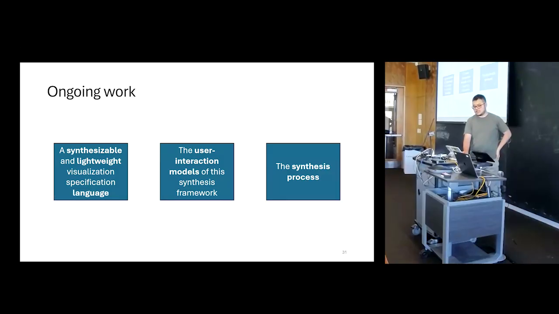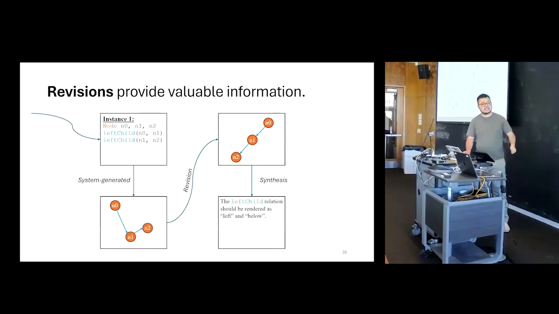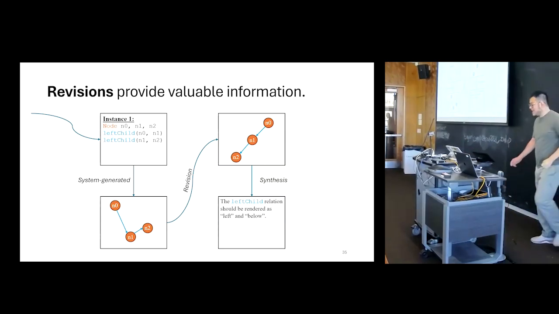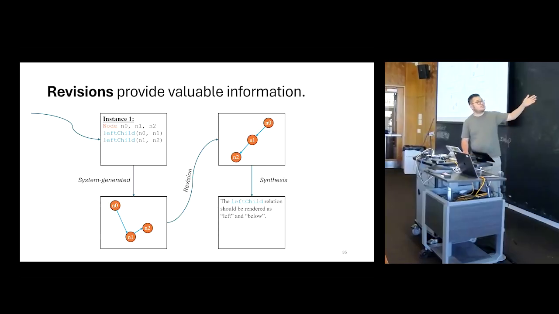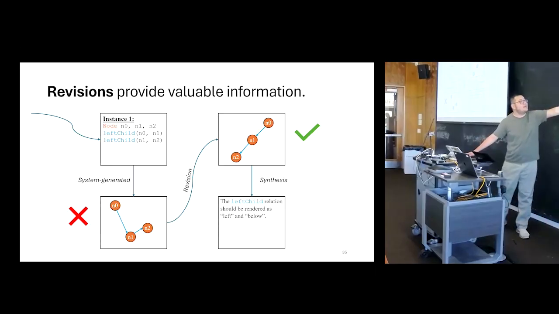Some of our ongoing work includes exploring ways in which the user interactions can actually inform the synthesis process, by which I mean that if the user revises the diagram from this to that, I think the revisions themselves actually provide valuable information because they indicate that the user does not really like this diagram, but does like that diagram.